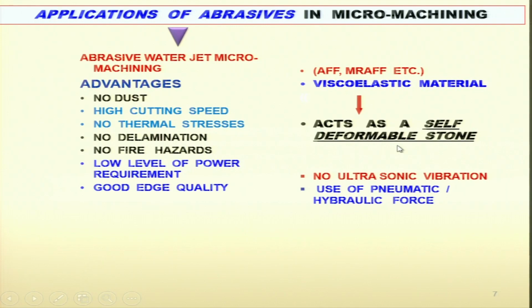This simply means that the medium itself takes the shape and size of the features on the component which is to be finished. No ultrasonic vibration in this particular case, and use of pneumatic or hydraulic force is there in case of these processes like abrasive flow finishing, magnetorheological finishing, or magnetorheological abrasive flow finishing process.